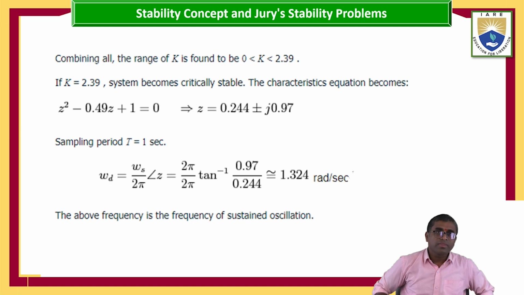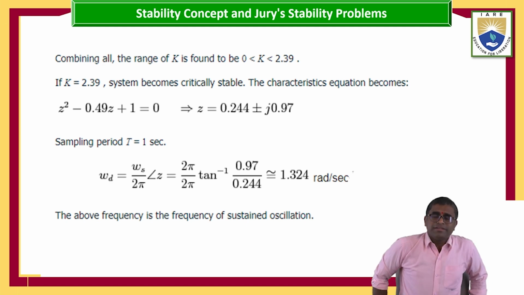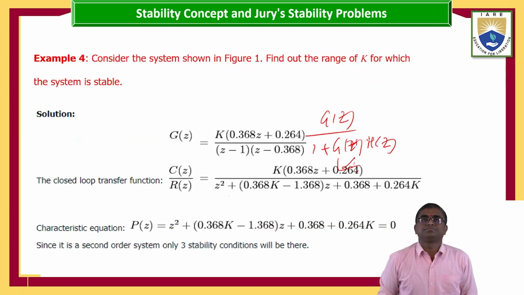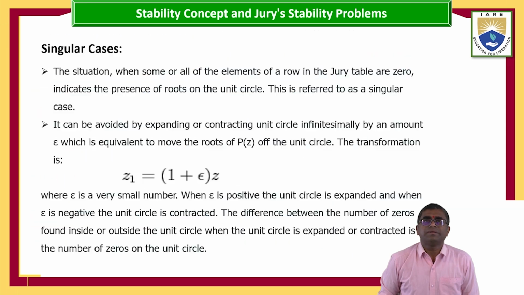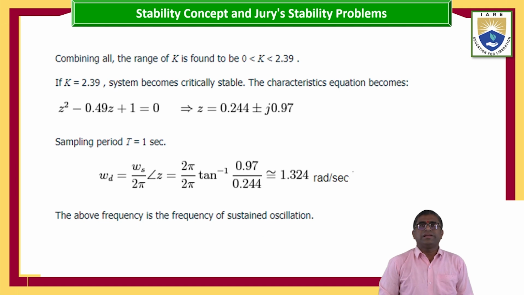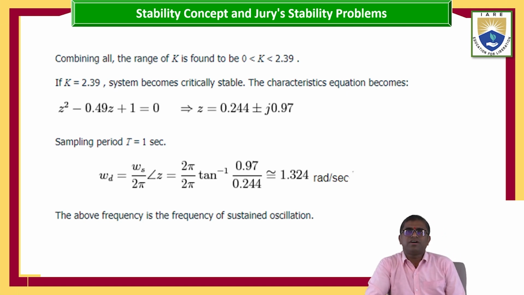With the sampling period given in the problem, 1 second, I am taking here t equal to 1 second. So what happened? The wd value. The formula, we already know from previous sections, I told: ws by 2 pi into mod z. So ws value is 2 pi.